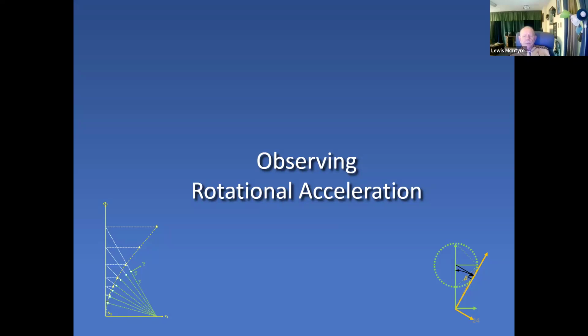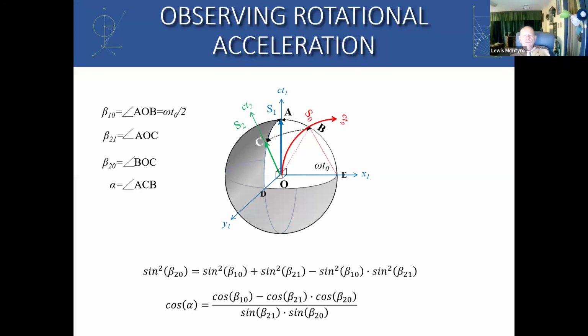Let's see if the same procedure will work with rotational acceleration. To see the derivation of the spherical trigonometry math, please see my video number 5, Observing the Velocity Triangle, on this channel. Let's set the problem up.